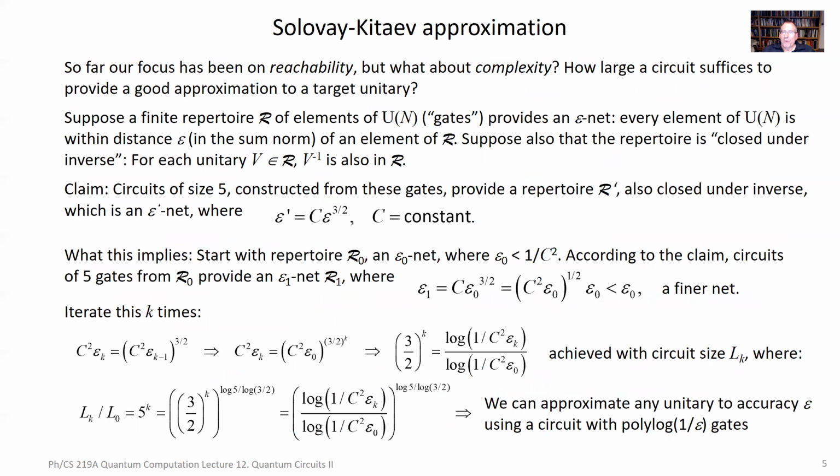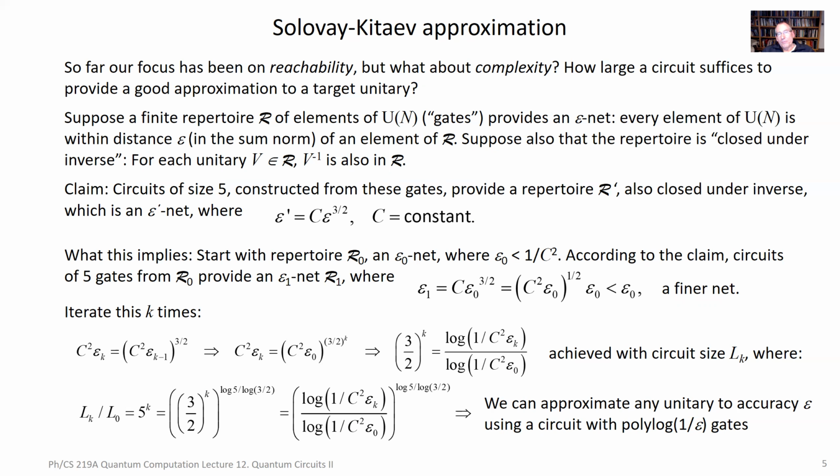All right, so far we've been talking about reachability. As you've seen, I've given you rather hand-waving arguments, and I'm not going to be any more precise about that today, but I hope I've given you a good taste of what it takes for a set of gates to achieve density in the unitary group, and that's a very generic property.